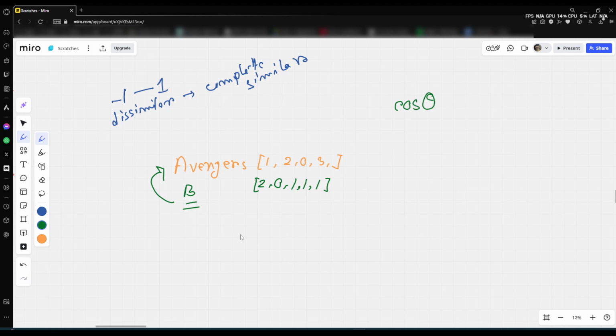So here now I will show this math. So how do you find out?